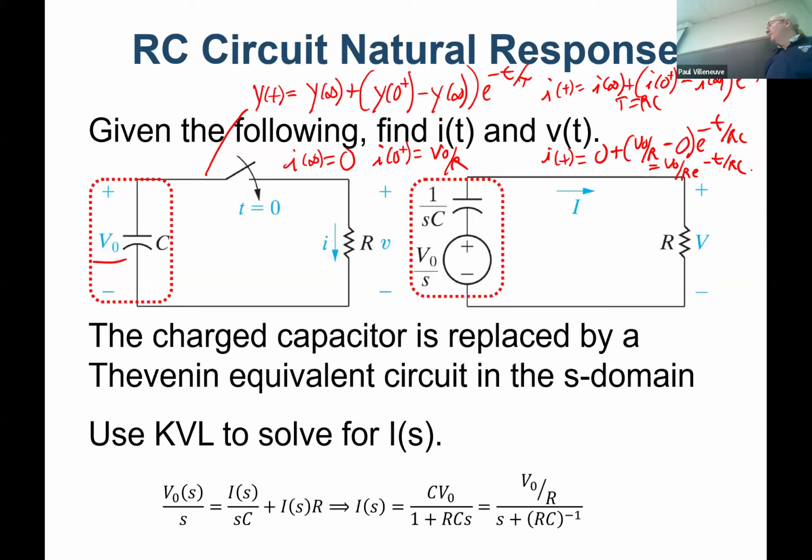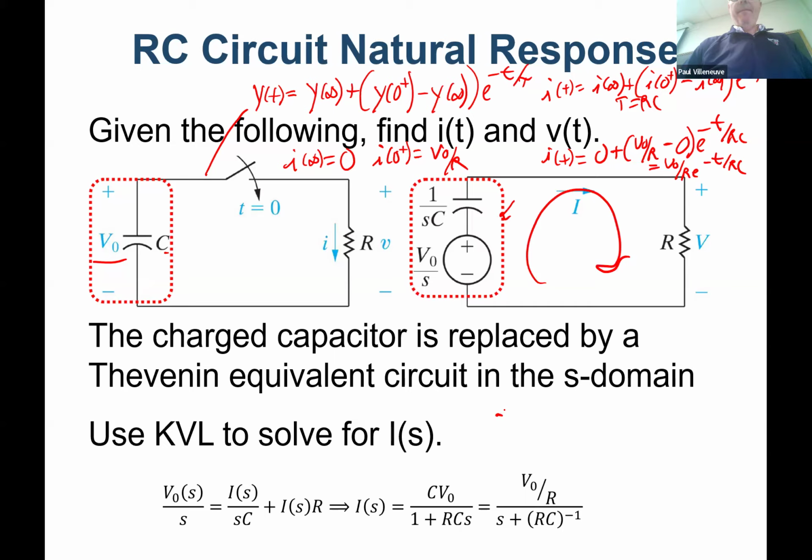How about now we do it in Laplace? So we convert the capacitor to here, and then we just do circuit analysis. So can't we do KVL here? Easy peasy KVL.